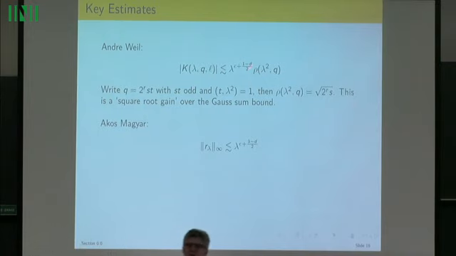Now d over 2 is what you get from the classical quadratic Gauss sum. And now the Kloosterman has a sum over the multiplicative group, morally Q elements. So what this represents is a square root of Q gain over the Gauss sum estimate. Except it has a certain multiplicative thing in it.